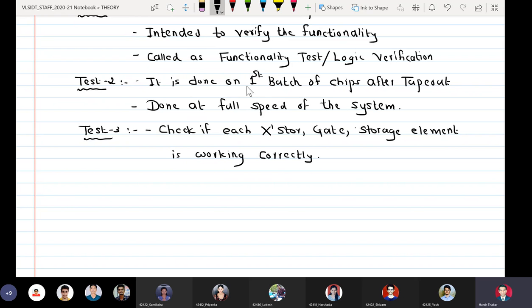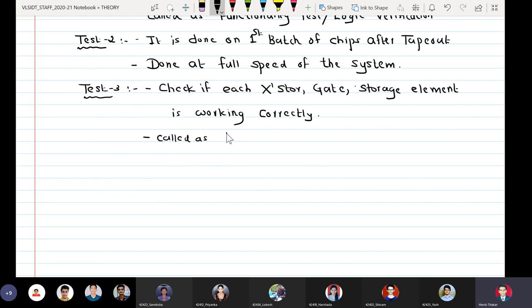They are also known as manufacturing tests.